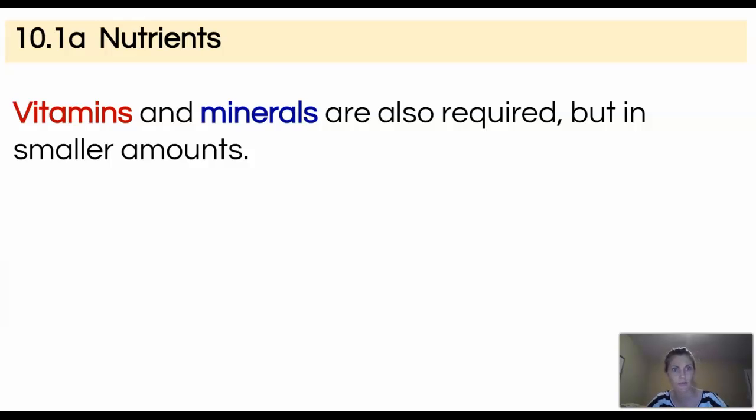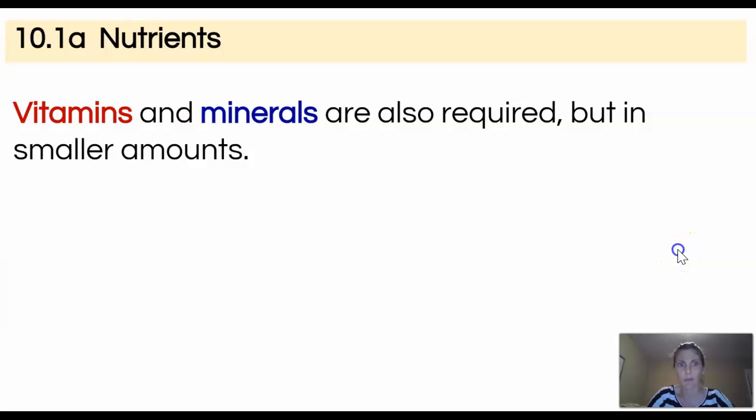Those are minerals, not vitamins. Whereas vitamins, like vitamin B6, for example, if we were to look at the structure of it, we would see that it likely has a carbon backbone in it. So it's an organic molecule. Those are details beyond the scope of this course, more just an FYI.